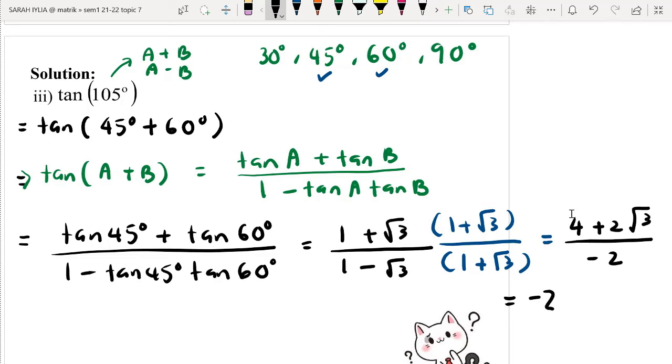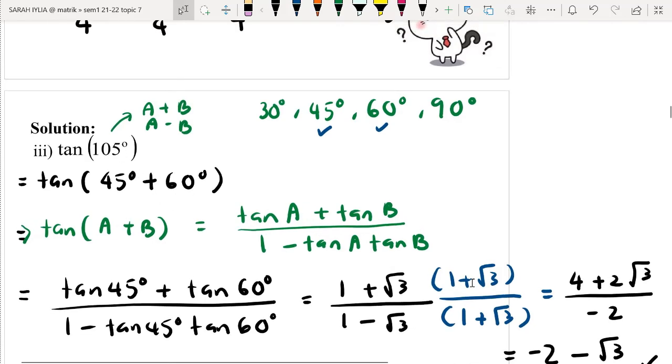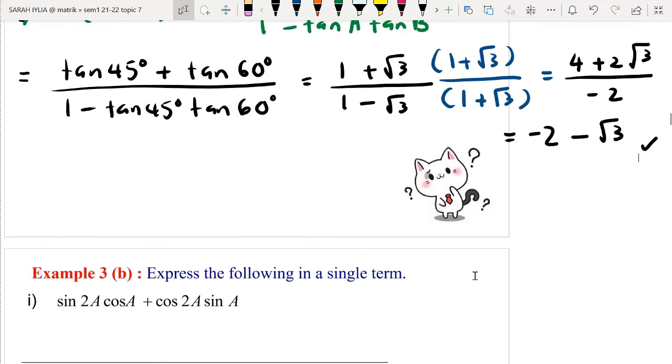We get negative 2 minus root 3. Itu jawapan akhir kita. And then to make sure betul ke tak jawapan tu, lagi sekali tekan je lah calculator. Tangent of 105. Dapatlah negative 2 minus root 3. Okay. So maksudnya kita berada di jalan yang benar. Okay. That is first example involving angle, how to use our compound angle formula.